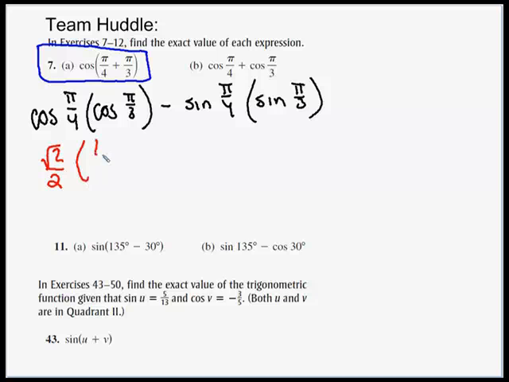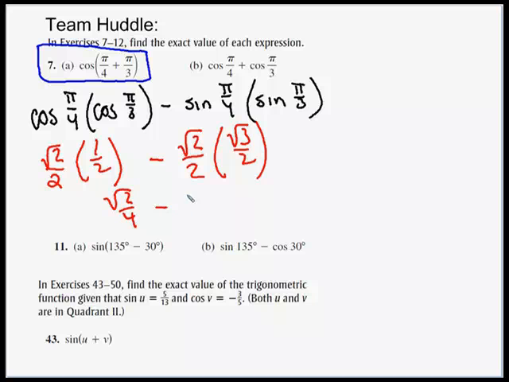Cos of 1/3 pi is 1/2, minus sine of 1/4 pi is √2/2. Sine of 1/3 pi is √3/2. And multiplying straight across, we get √2/4 minus √6/4. And with the common denominator, we'll combine those terms, and our numerator will be √2 minus √6.